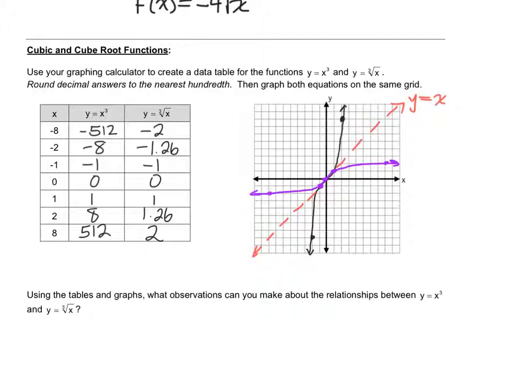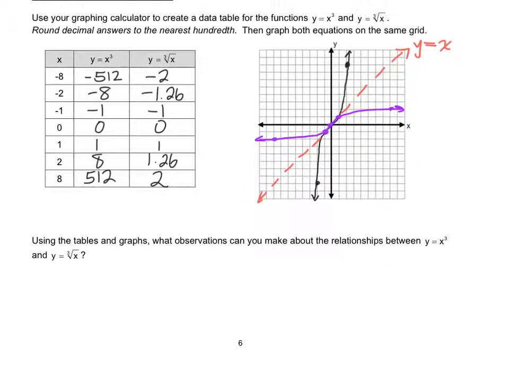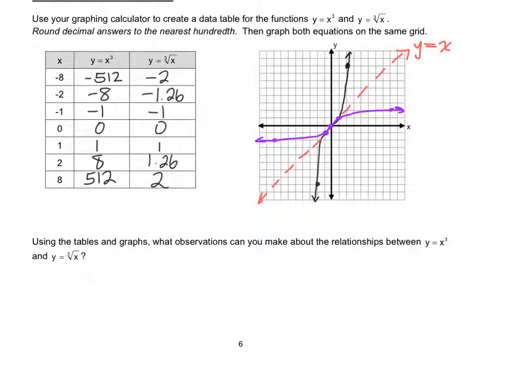So a little follow-up question here. Using the tables and graphs, what observations can you make about the relationships between y equals x cubed and y equals the cube root of x? We're looking at graphs that are inverses of one another.